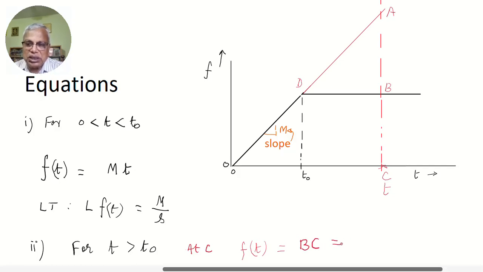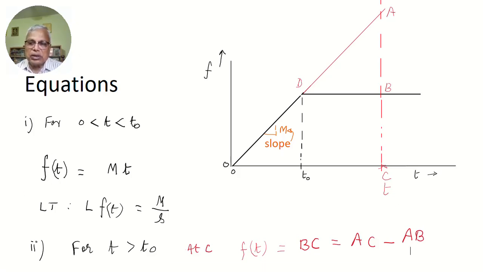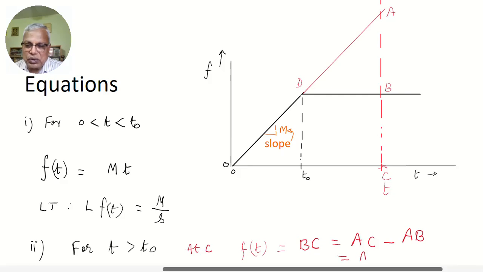And what is BC? BC is nothing but AC minus AB. Now what is AC? Point A is a point on this straight line, so the value of AC will be equal to m into t.